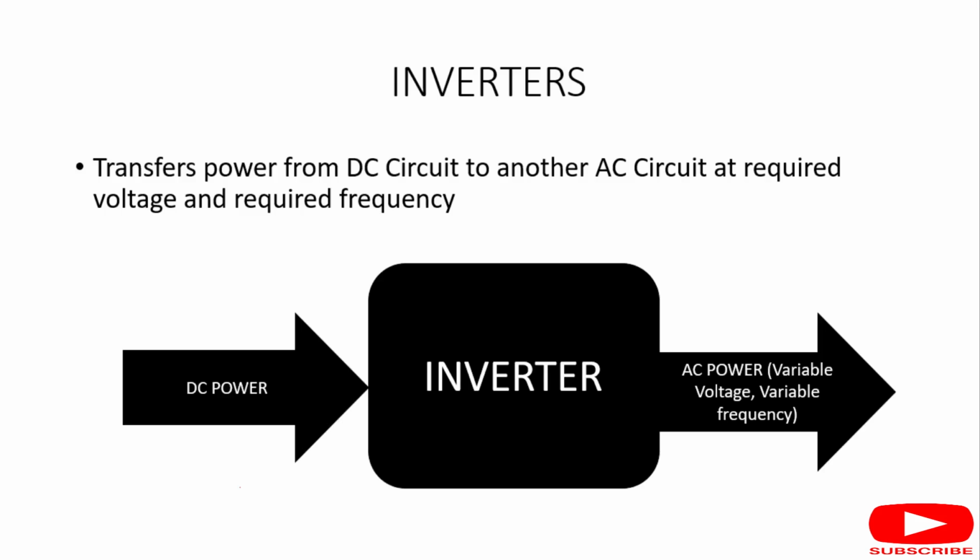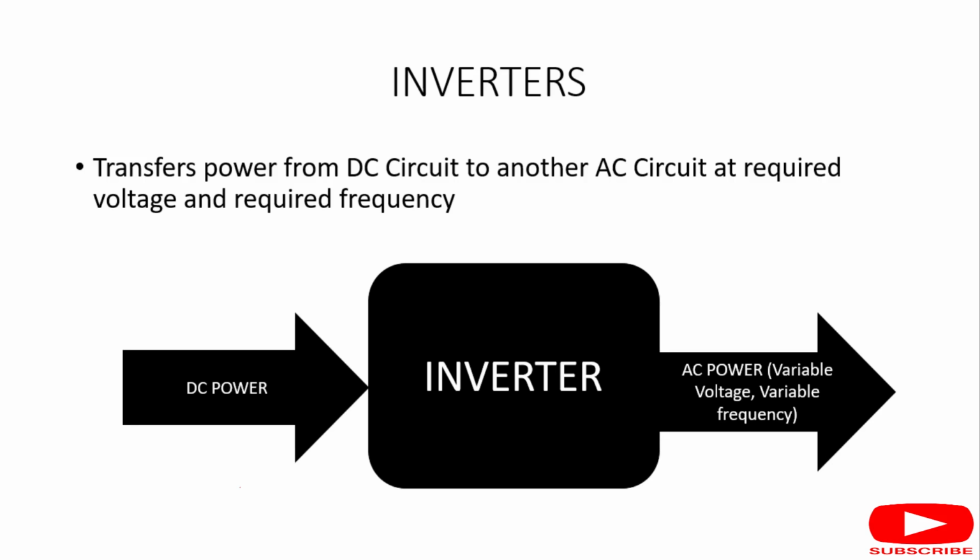In this lecture, we are going to start with the inverter, which is the most important power electronics device, very frequently used for domestic as well as commercial purposes. Let us start with the definition of the inverter. An inverter is a static device that can convert one form of electrical power into another form.